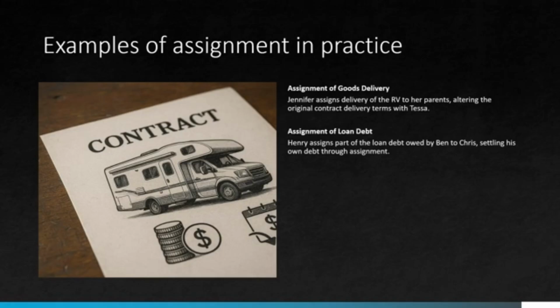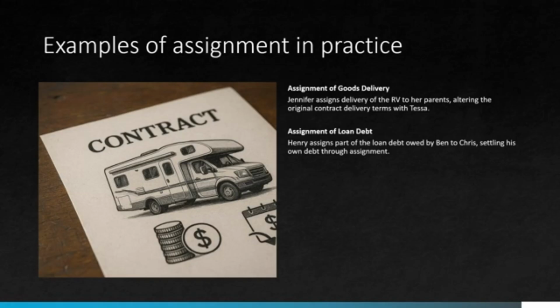At the time the contract is entered into, there's no thought, intention, or discussion of the parents. Later on, before delivery takes place, Jennifer tells her she wants the RV to go to her parents. So she's intending to give them a gift. She's assigning to her parents the right to get this RV.